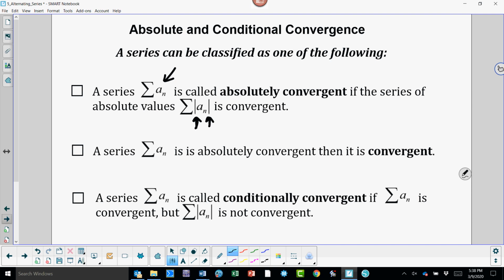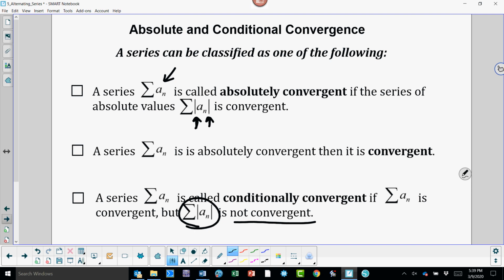Conditional convergence means it converges if I have the alternator in, but if I take the alternator out and do absolute value, it's not convergent anymore. We'll see some examples in class that'll help bring that home. But I just like to think of it as a stronger convergence. It means that it'll converge with or without the alternator.